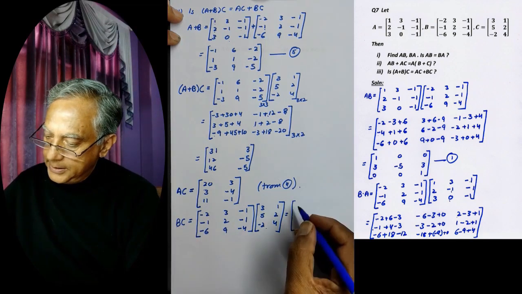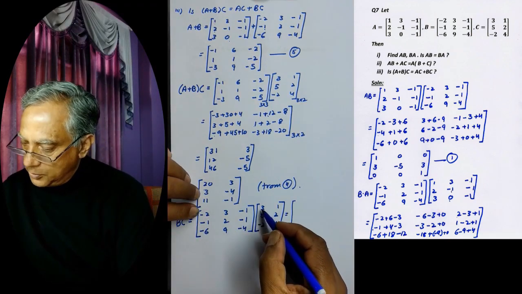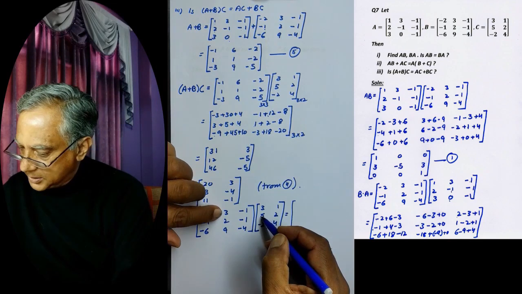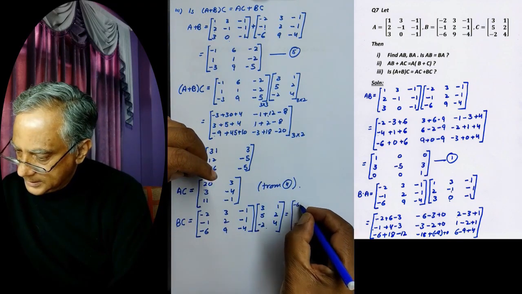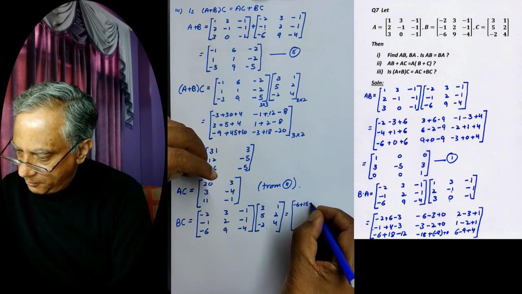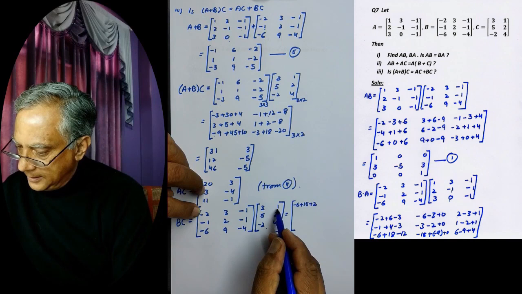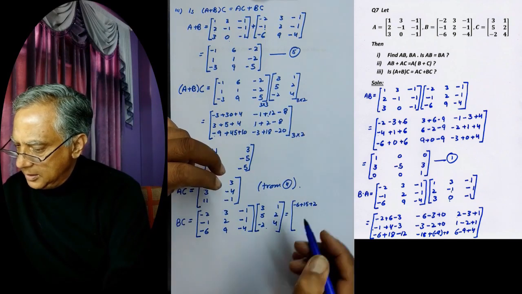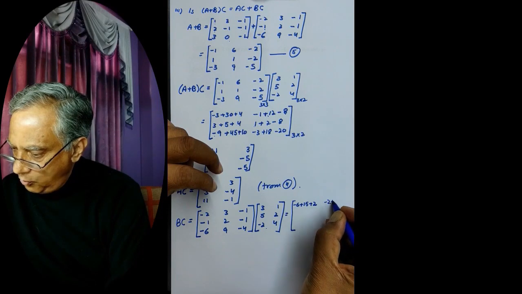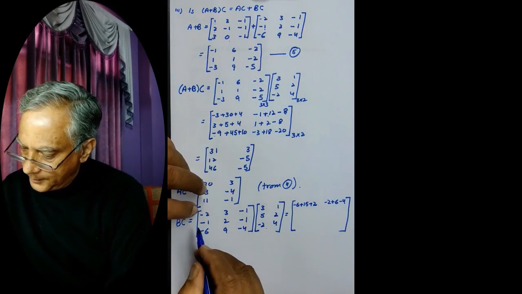We multiply these two matrices. This into this. This will be minus 6 plus 15 plus 2. This into this. This is minus 2 plus 6 minus 4.